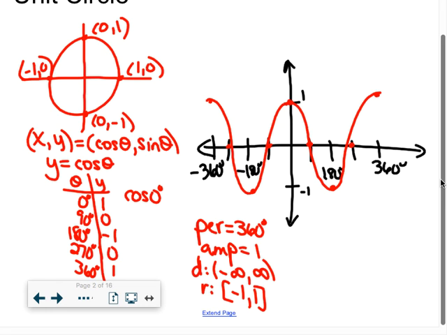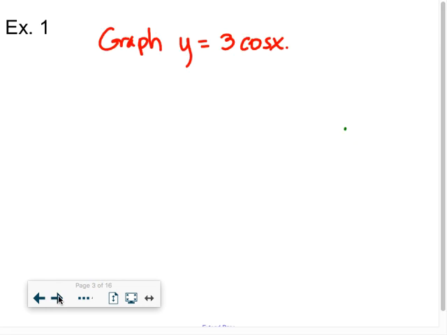All right, so we're going to do a few practice graphs and I think writing one equation. So let's go. Number 1. Graph y equals 3 cosine x. So the period length is 360. It is still going to be 360 divided by the b value.